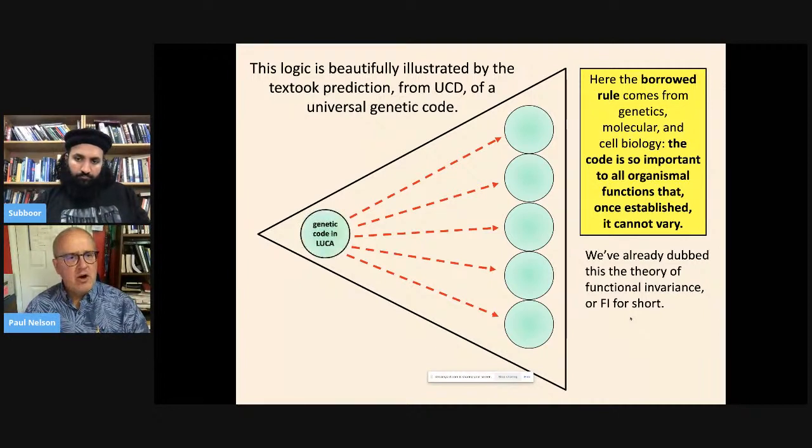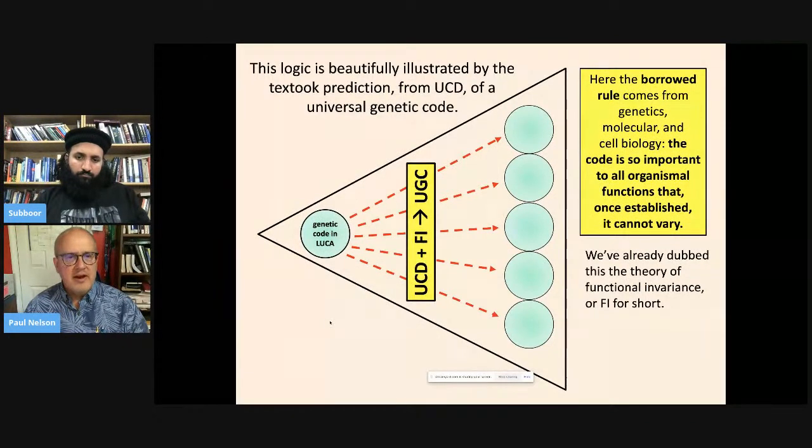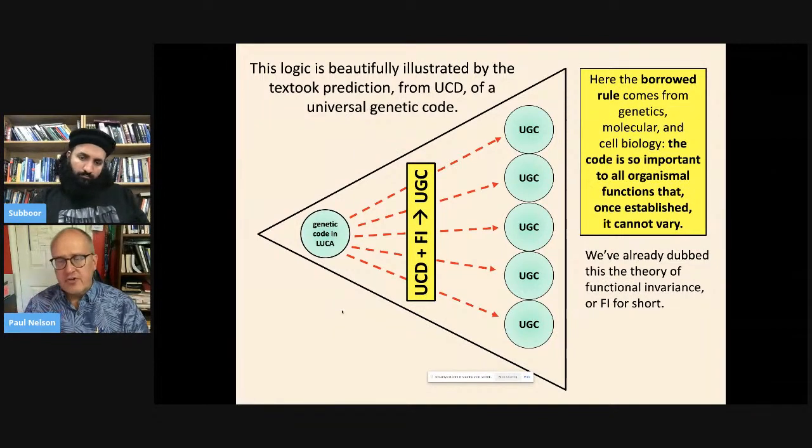So we have a genetic code present in LUCA, which will have a DNA genome, and therefore will need proteins, and will need a code. And here is our rule, functional invariance, and we couple it to this geometry of universal common descent, which enables us to make a prediction. All right. So we put the rule there, and we get a very clear and strong prediction of universality of the code.